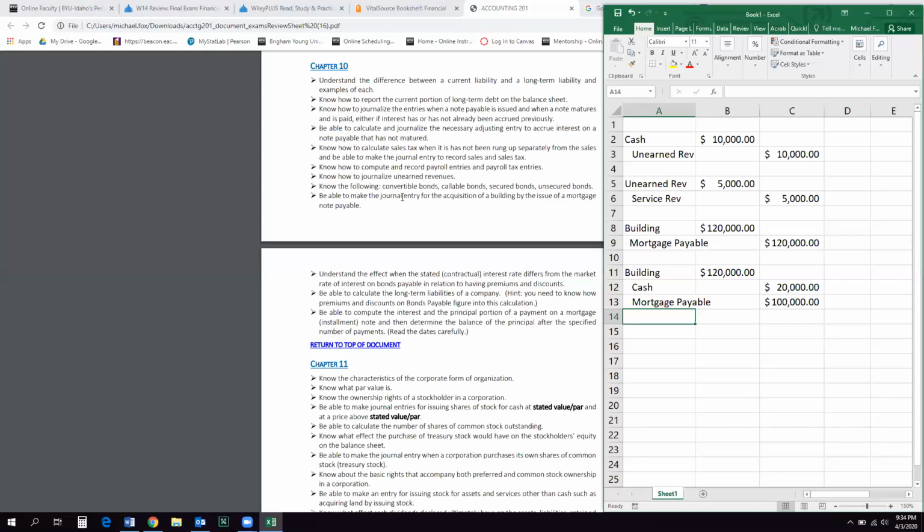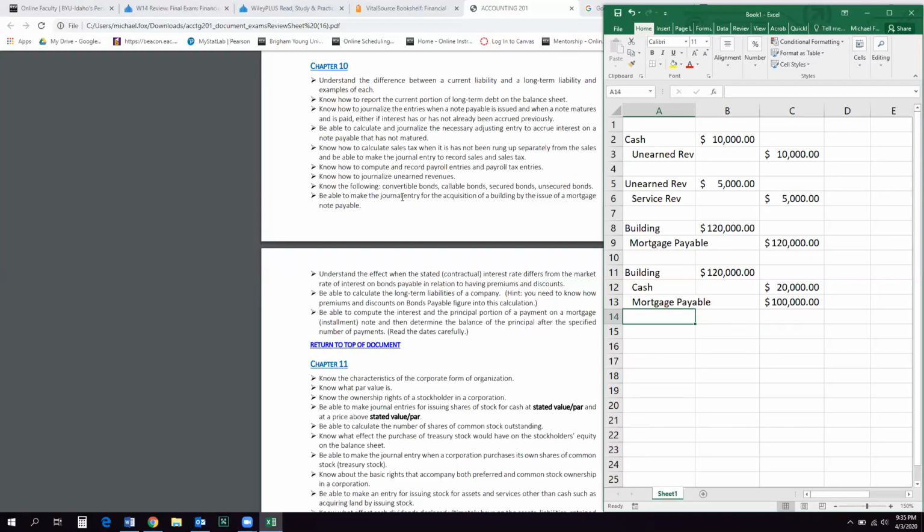And when a bond is issued above its par price, so above its face value, then that bond is said to be issued at a premium. So recognize when market interest rates go down, then the bond prices go up and are issued at a premium. And when market interest rates go up, then bond prices go down and they're said to be issued at a discount.